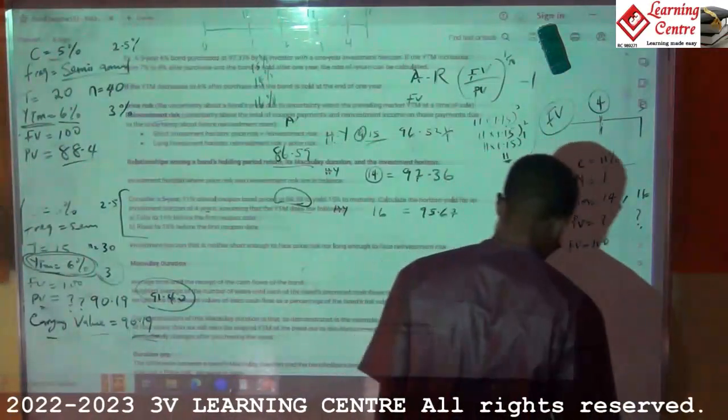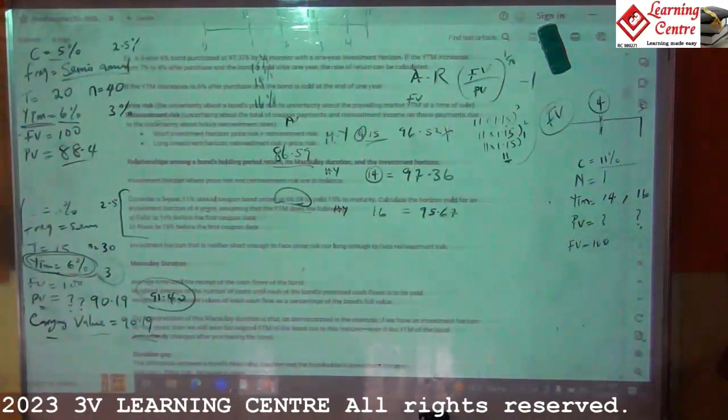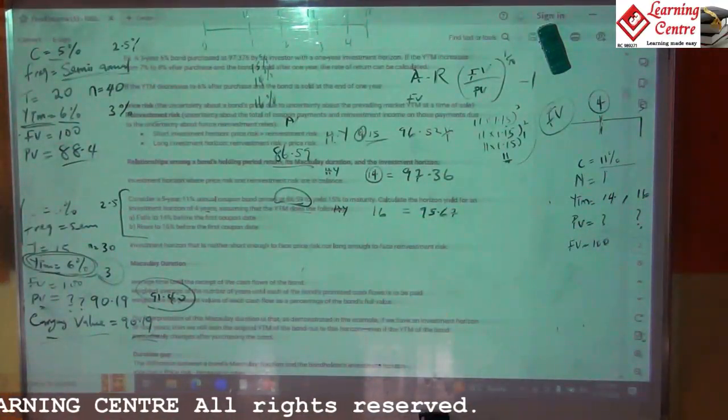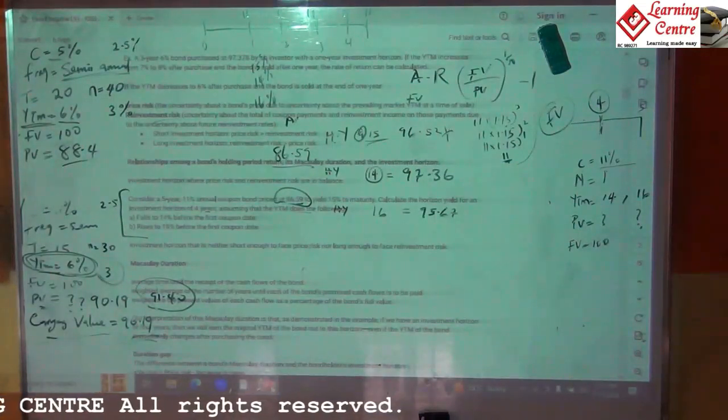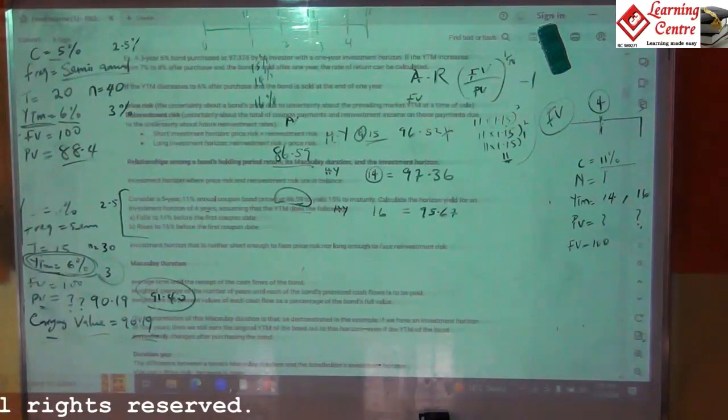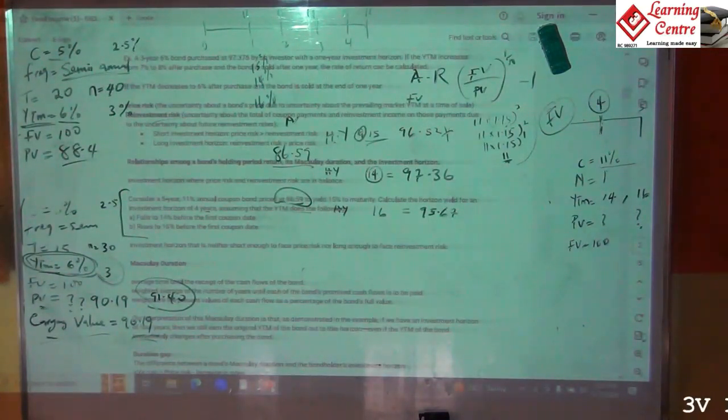So in my head right now, I'm thinking that when you do this at 60%, guys, the future value, which I'm getting as 96.5, I feel like the yield did not change.